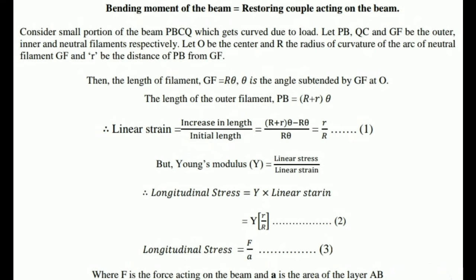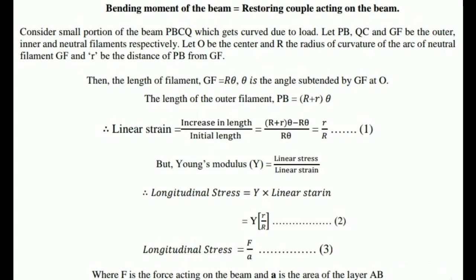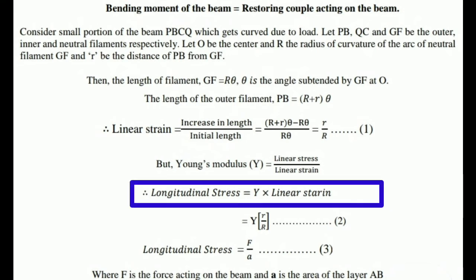We can see the change in length and all. We can use Young's modulus, where Y is equal to linear stress by linear strain. So stress by strain is related to the length, and we call it Young's modulus. Therefore the longitudinal stress is Y into linear strain.